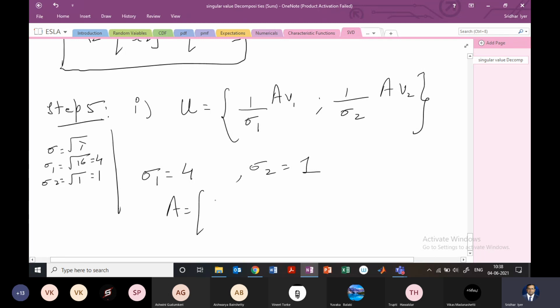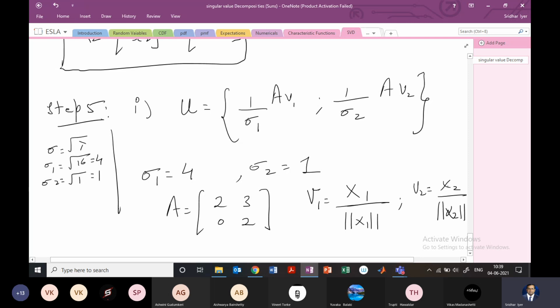A is given to us, which is 2, 3, 0, 2. V1 can be found as x1 divided by the magnitude of x1, and V2 can be found as x2 divided by the magnitude of x2.